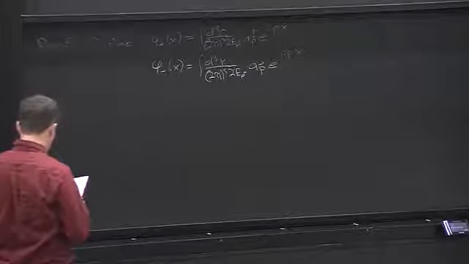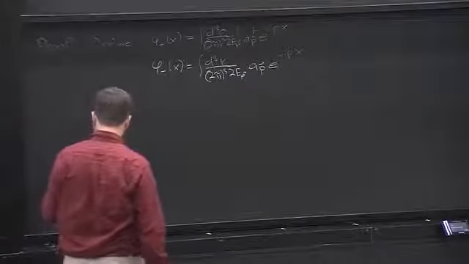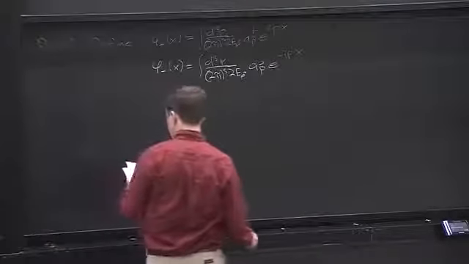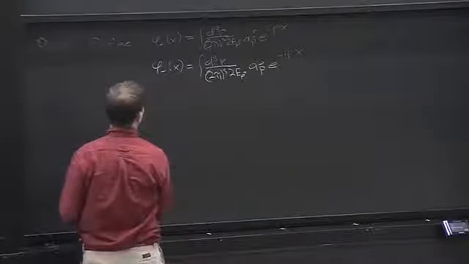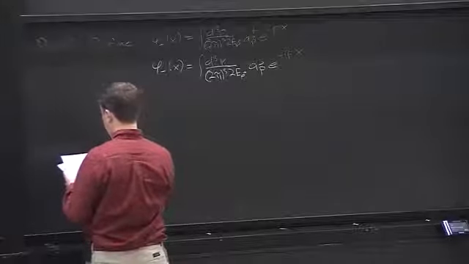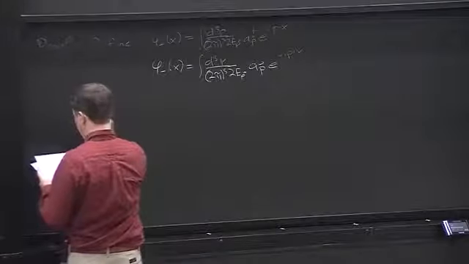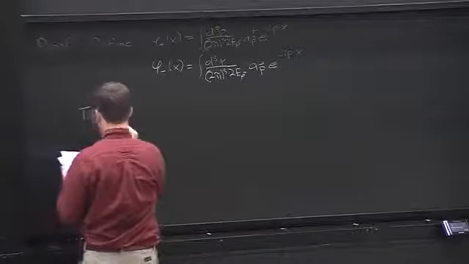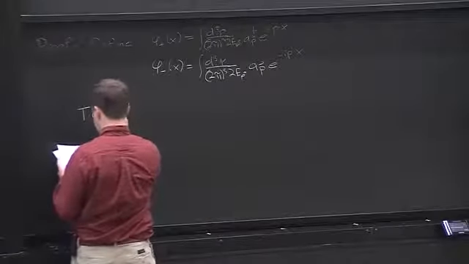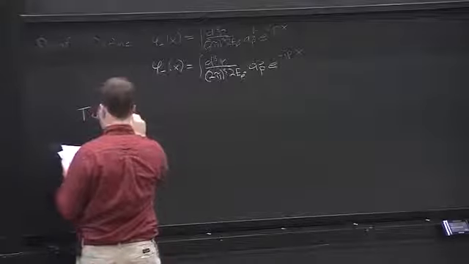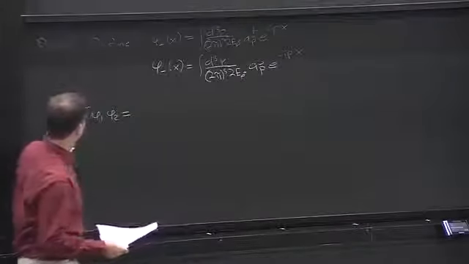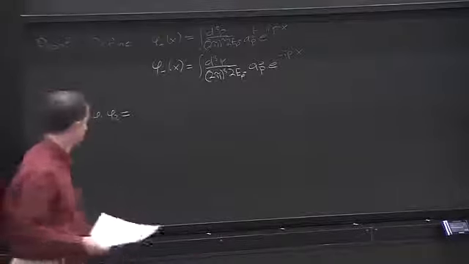And okay, so given this, we can compute the time ordered product of two fields and write it out and try to relate the time ordered product to the normal ordered product.